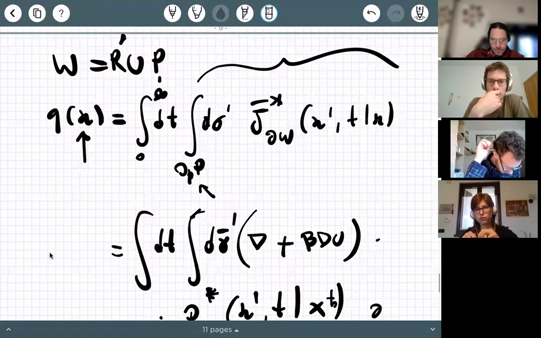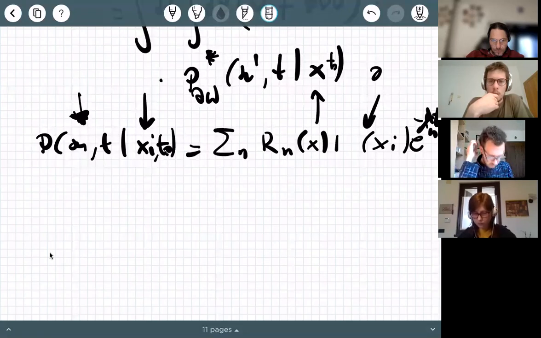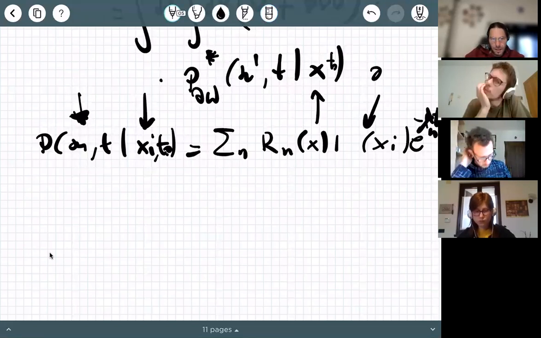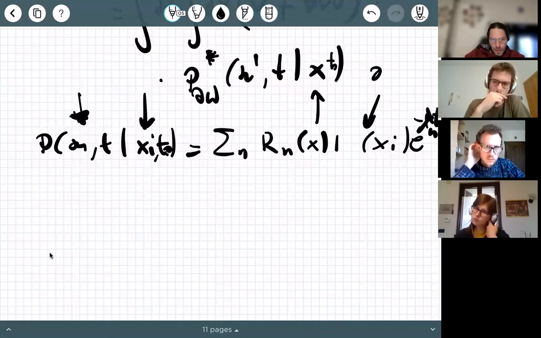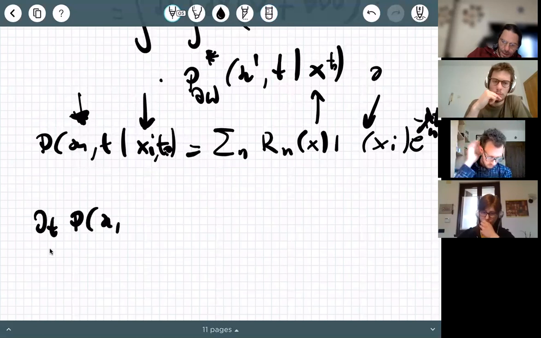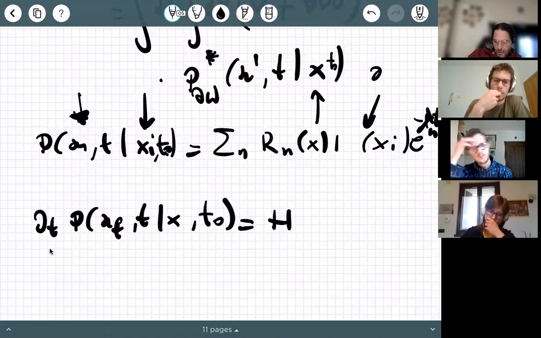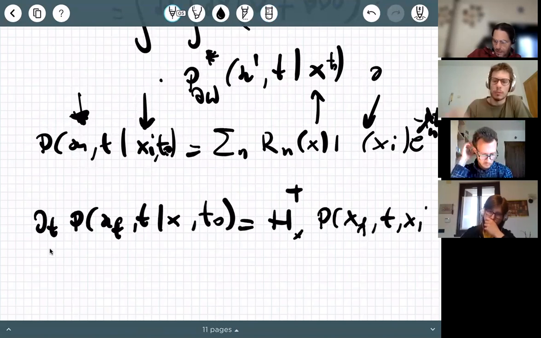And now this means that, from the equation that I just showed, d/dt of p(xf, t | x, t naught) can also be written as Fokker-Planck backwards with respect to x of p(xf, t | x, t naught).